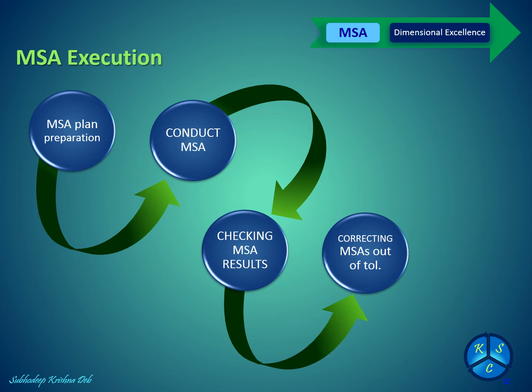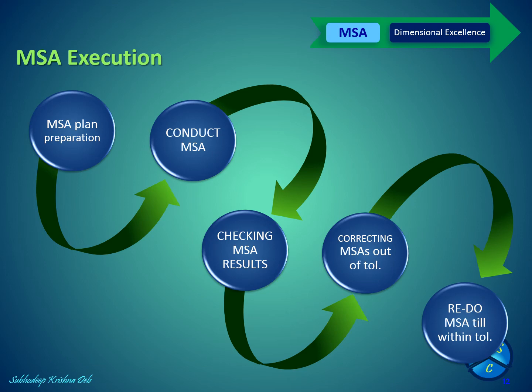All these corrections need to be taken, and again we have to perform the MSA and bring the MSA value within the acceptance criteria. For the effectiveness and truthfulness of this process, we ultimately have to make corrections and improvements and finally bring the result of the MSA study within the acceptance criteria.